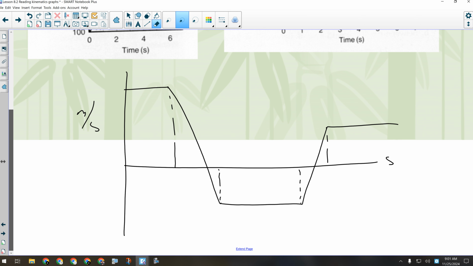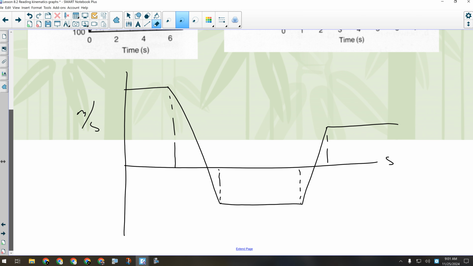Okay? All right, so in this part of the graph here, object's doing what? It's horizontal. Constant velocity in a positive direction. Okay, what's it doing here? Accelerating. Accelerating in a negative direction.